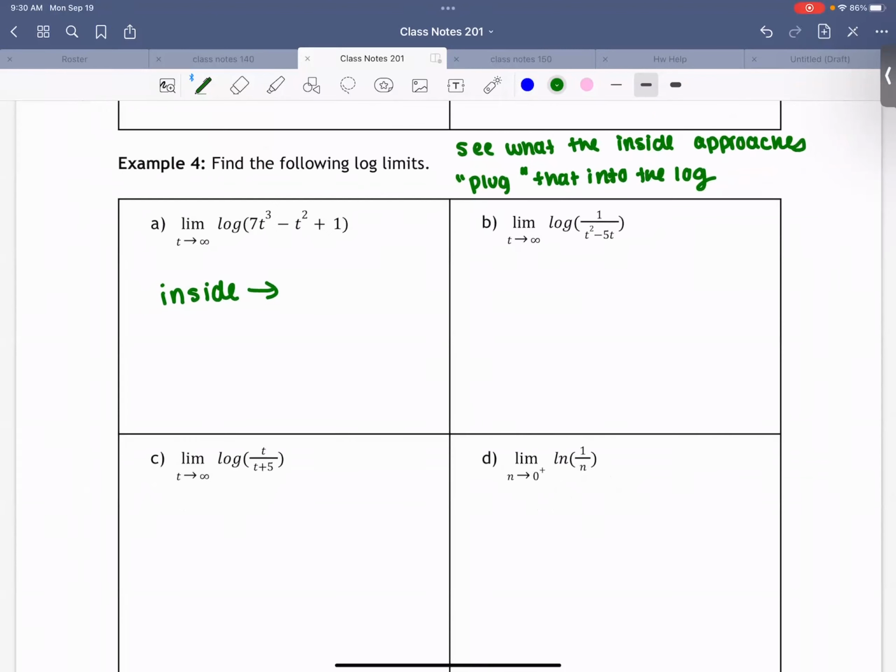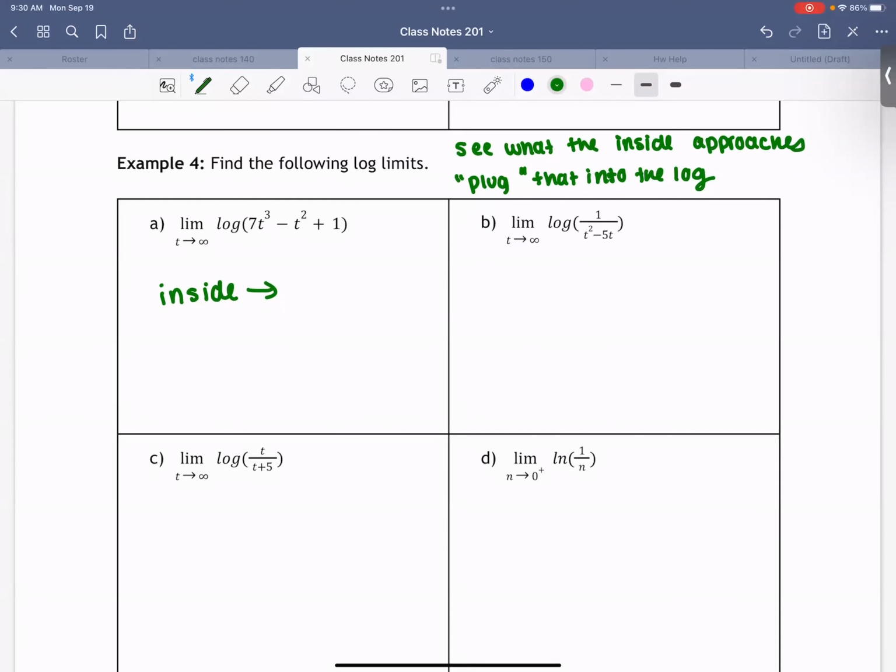When I say that, I'm essentially finding the limit as t goes to infinity of the polynomial in the middle, 7t cubed minus t squared plus 1. What is that limit? Infinity, right? We have a big polynomial, there's no negatives going on, that's going to positive infinity.